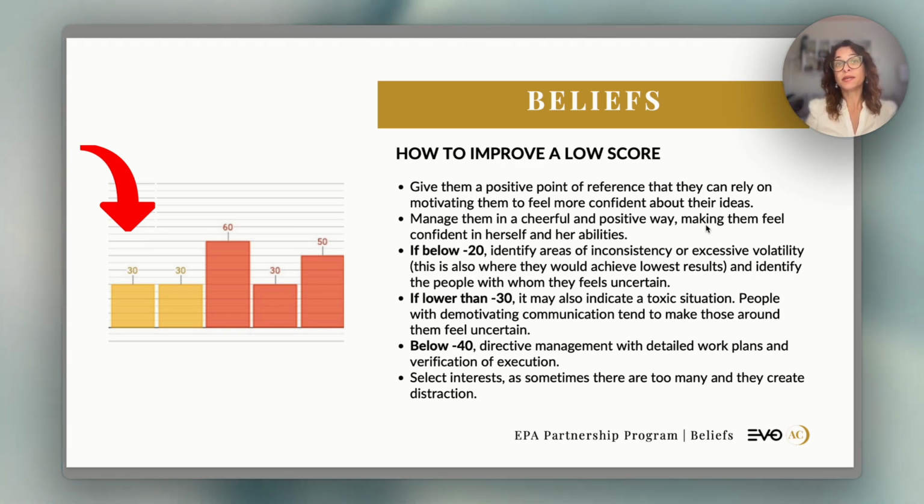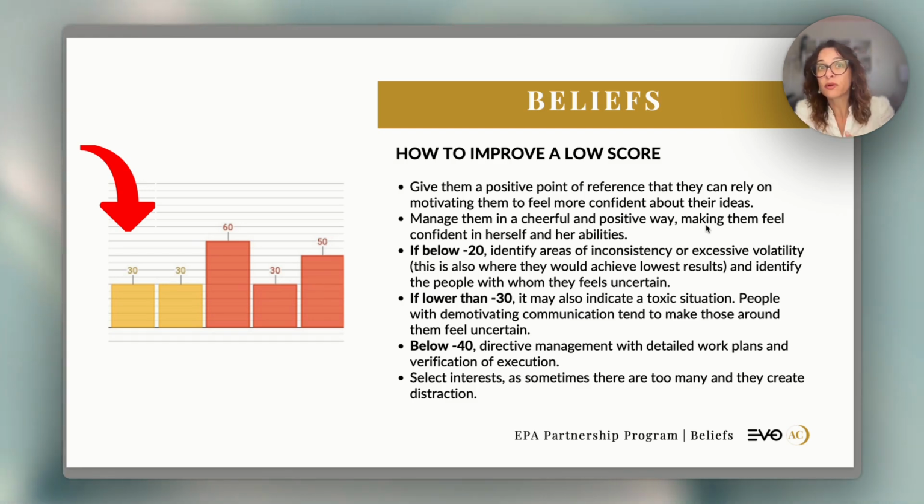When the belief trait is even lower, so we're talking about minus 30, it might indicate that there are toxic people in their life, toxic relationships. People with demotivating communication tend to make those around them feel extremely uncertain. So if I'm afraid of failure and I don't have a strong belief system inside me, I will look outside to have a belief system to adopt and to guide me through life.